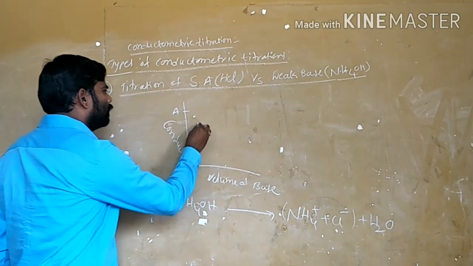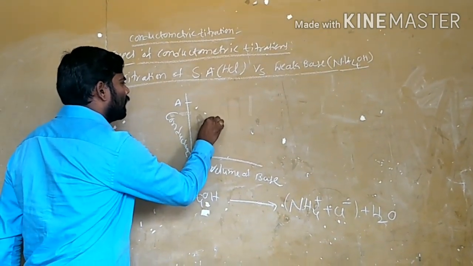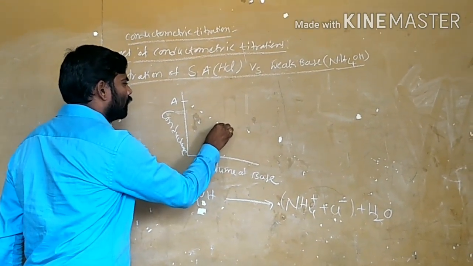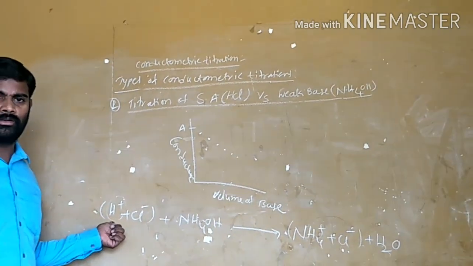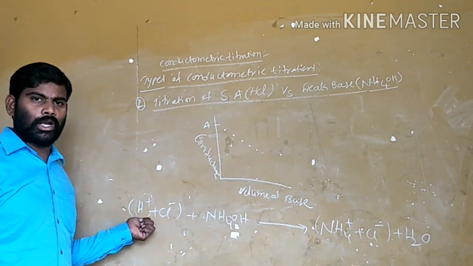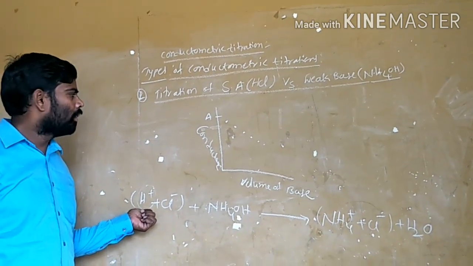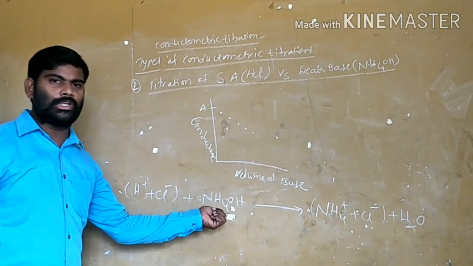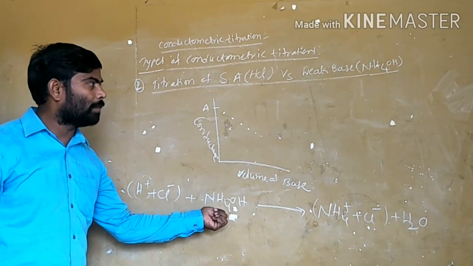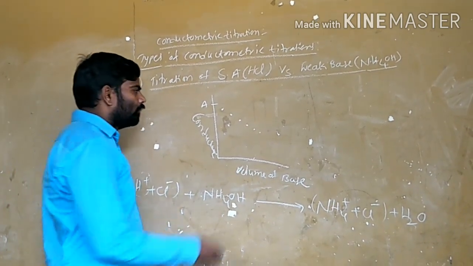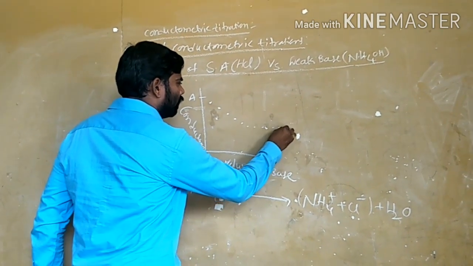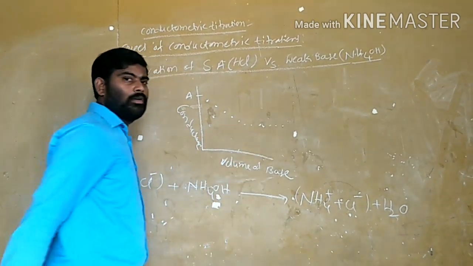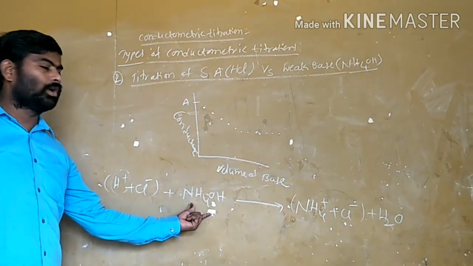With the gradual addition of this weak base to the strong acid, conductance values gradually decrease until the total H+ ions are neutralized. Then after the complete neutralization of this acid, we are adding a weak base, ammonium hydroxide. After the neutralization, there is no appreciable change in the conductance values because we are adding what?